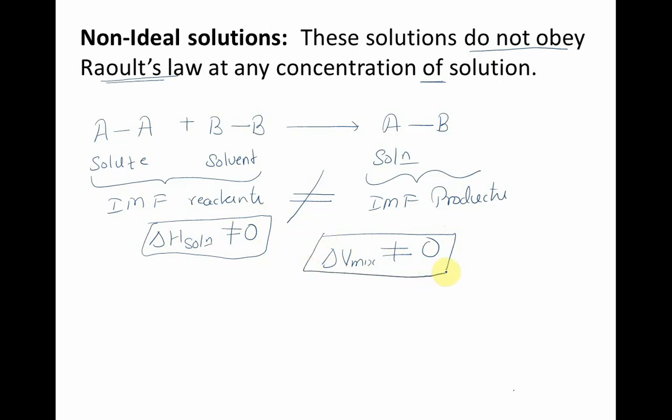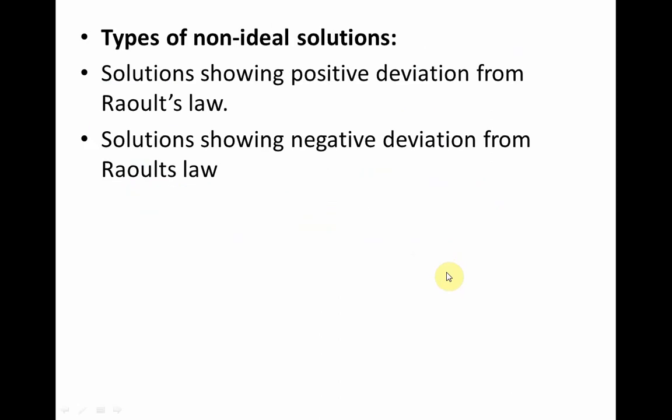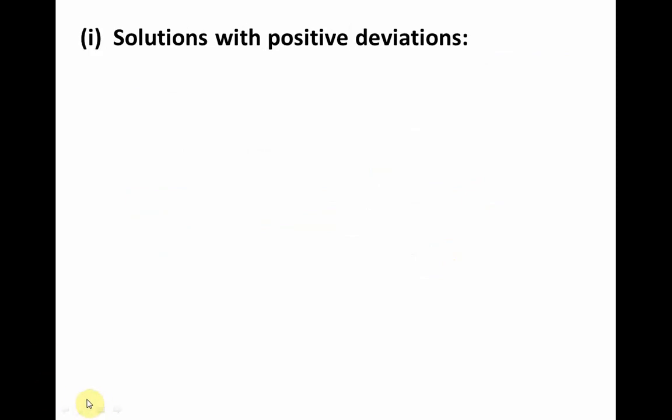Okay. So coming to the next, types of non-ideal solutions. Non-ideal solutions can be broadly classified into two types. The first one is solutions showing positive deviations and the second is solutions showing negative deviations. Solution with positive deviations. Consider a solution like this.